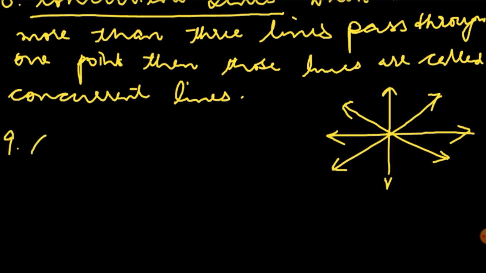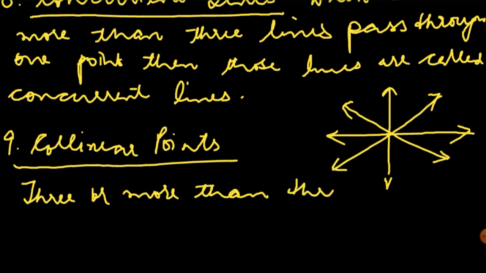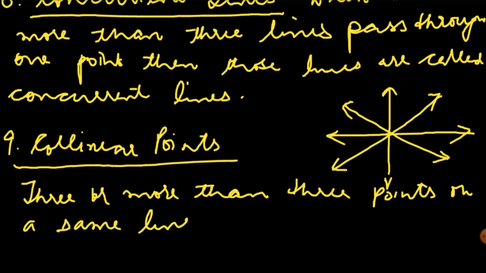Now the next one, collinear points. Three or more than 3 points on a same line are called collinear points.